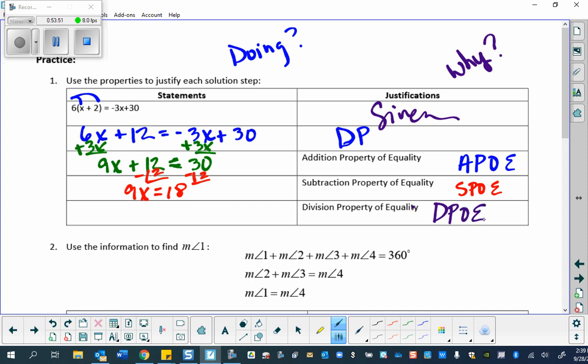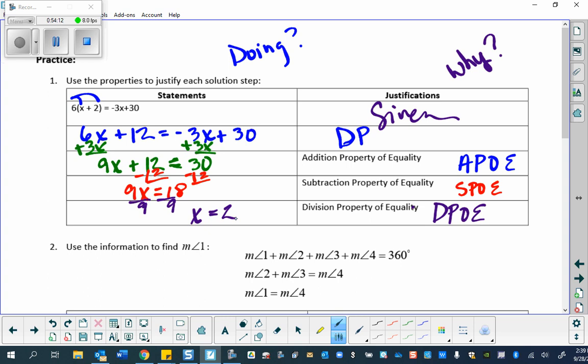What am I going to be dividing? So use the properties to justify each step. From the front of the page, I looked at each of those properties, and I can say which one's going to help me solve it.